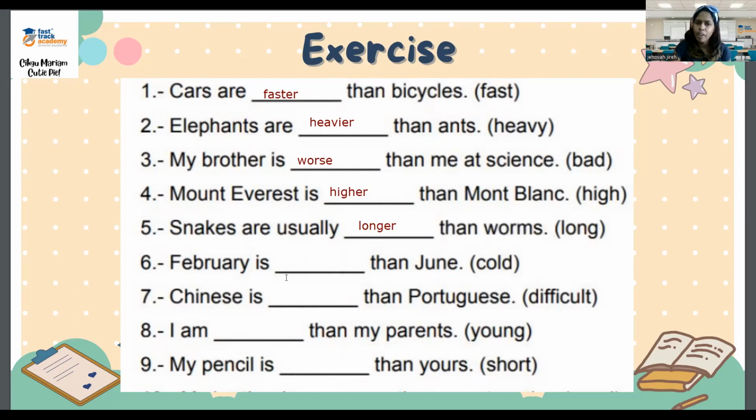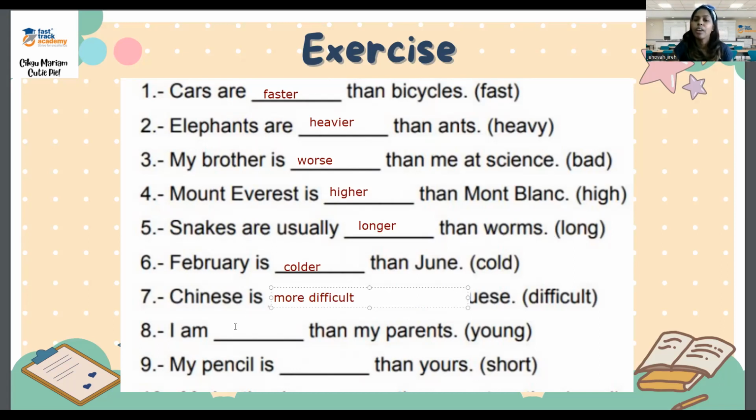Number six, February is cold or more cold. You can say colder than June. Chinese is difficult, more difficult than Portuguese. More difficult than Portuguese.